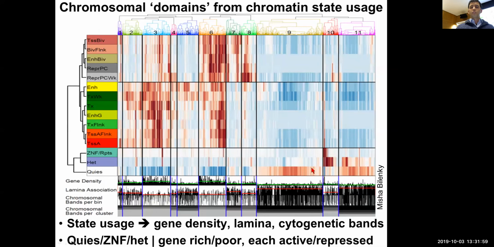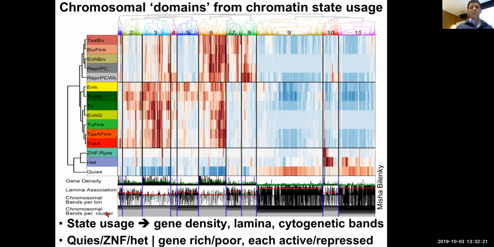So if you see these gene-sparse regions, they don't have any of these active chromatin states. They're mostly in this quiescent or in this heterochromatic state. Whereas if you look at these gene-dense regions, they fall into two classes. Some have these bivalent marks very pronounced, and others have these active marks very pronounced.